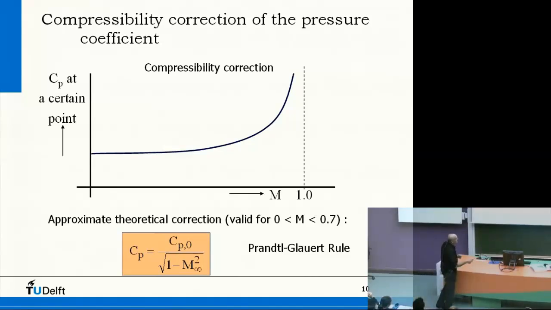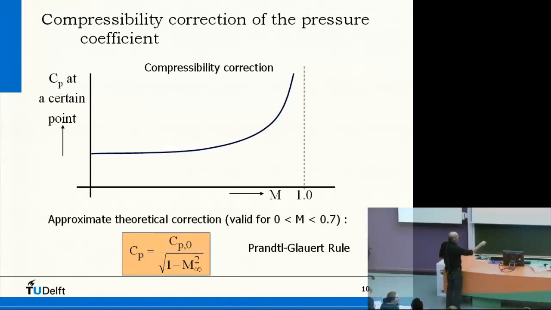Prandtl and Glauert found that the Cp for a compressible case can be calculated from the incompressible case by dividing the Cp by the square root of 1 minus M infinity squared. This is also called beta: Cp0 divided by beta.